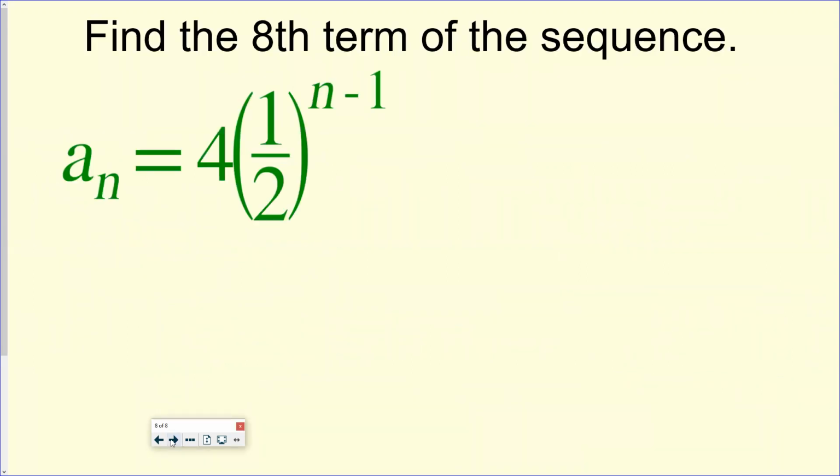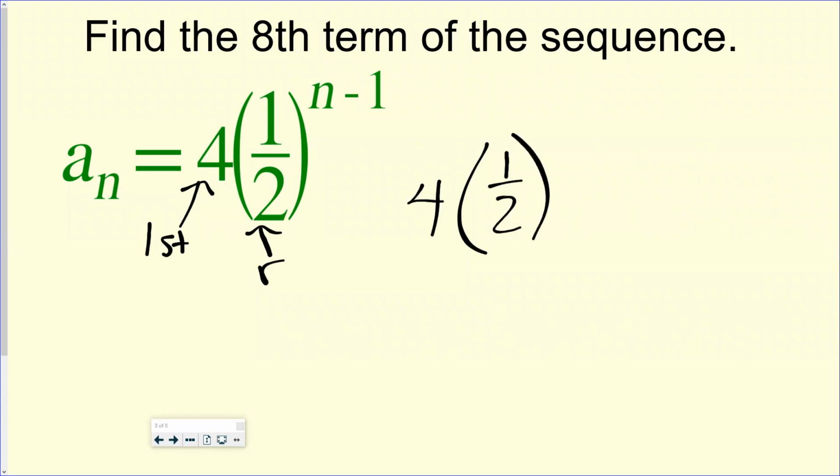All right, last part is I need to find the 8th term of this sequence. They gave me my explicit rule in this case. The first term is 4. My R is 1/2. Using my rule, I can do in my calculator 4 times 1/2 to the 8 minus 1.